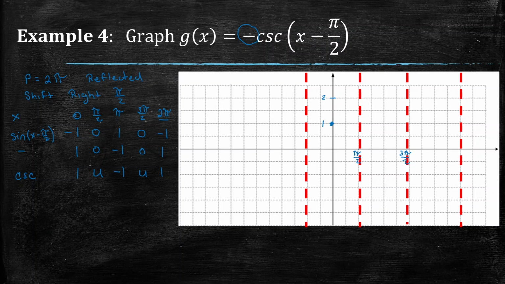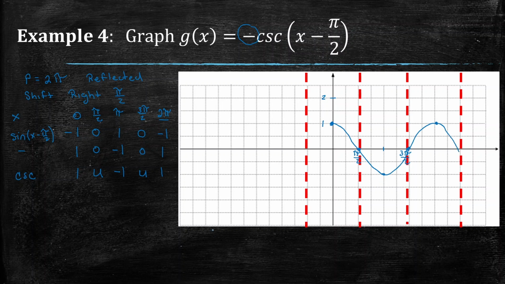And then I'm at 0 at pi over 2. Negative 1 at pi, which is right here in between. Back to 0, and then up to 1 again here. So this is my phase shifted sine function, like that.